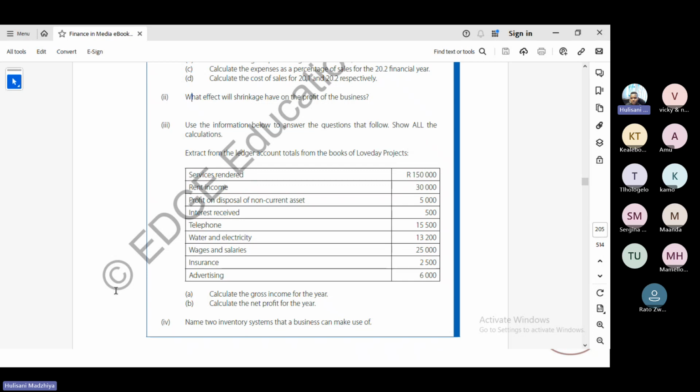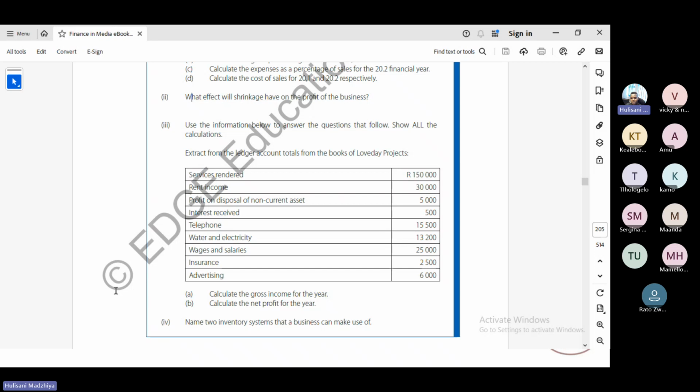Then you can calculate the net profit by taking all the income you received minus all the expenses you incurred. The first 4 are your income: services rendered, rent income, profit on disposal of non-current assets, interest received. You add all of them together, then minus all your expenses, which are telephone, water and electricity, wages and salary, insurance and advertising. This will give you the net profit for the year.